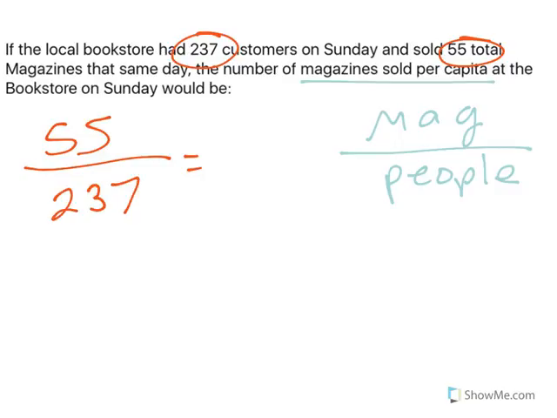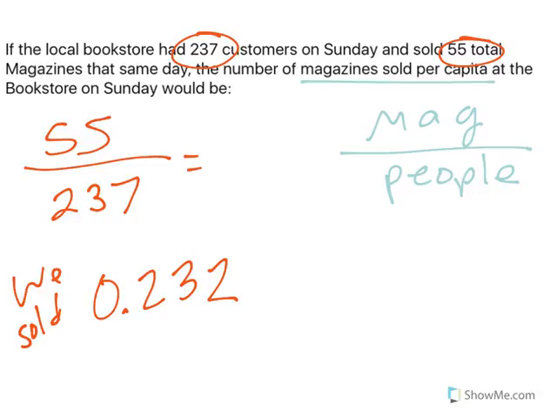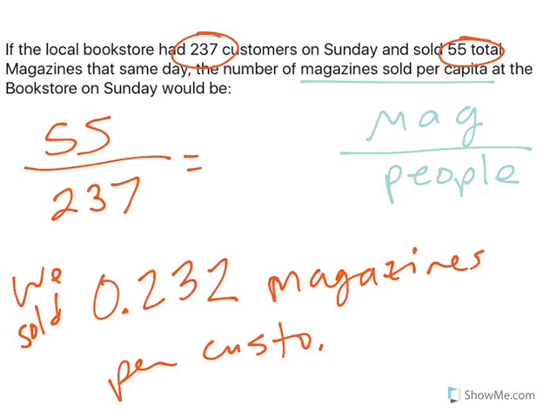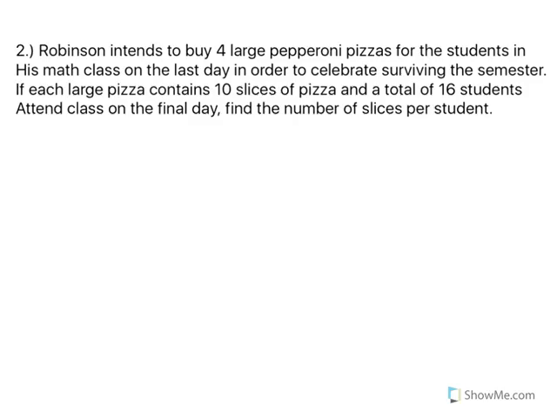When I divide those, I get 0.232. So that means we sold 0.232 magazines per customer. And you might think that doesn't make sense, that's less than one. It is less than one. That means that not everybody bought one, right? It averages out that each person would have purchased less than one magazine.